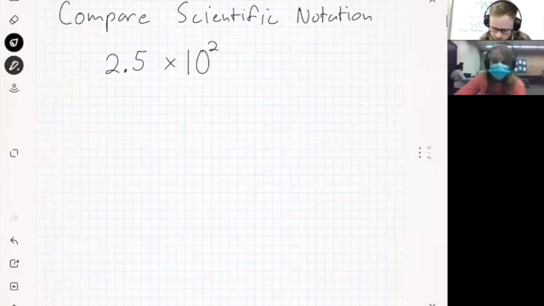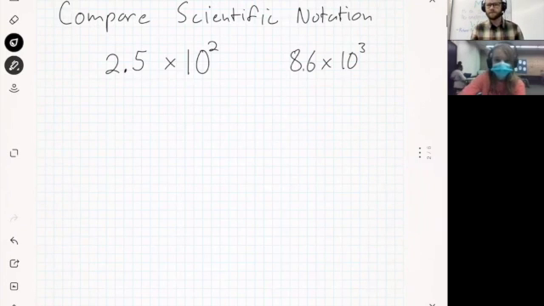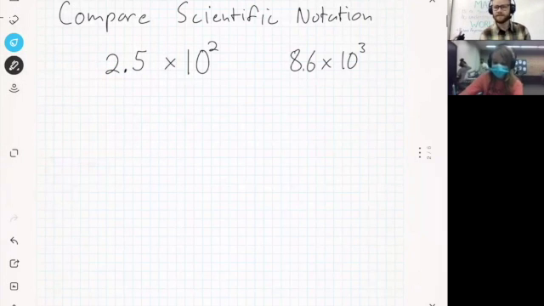And let's compare it to the number 8.6 times 10 to the third power. So in this circumstance, we can look at the exponent to determine which number is bigger. The first place we'll always look when comparing scientific notation is at the exponent. So what are the exponents that we have, Emma?